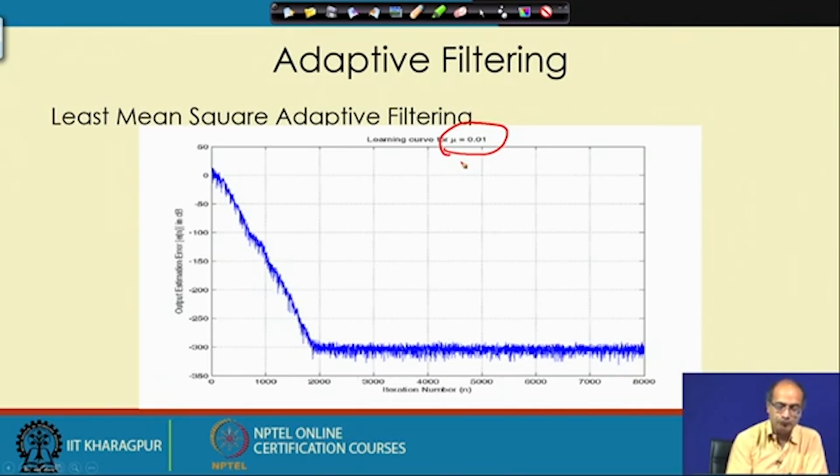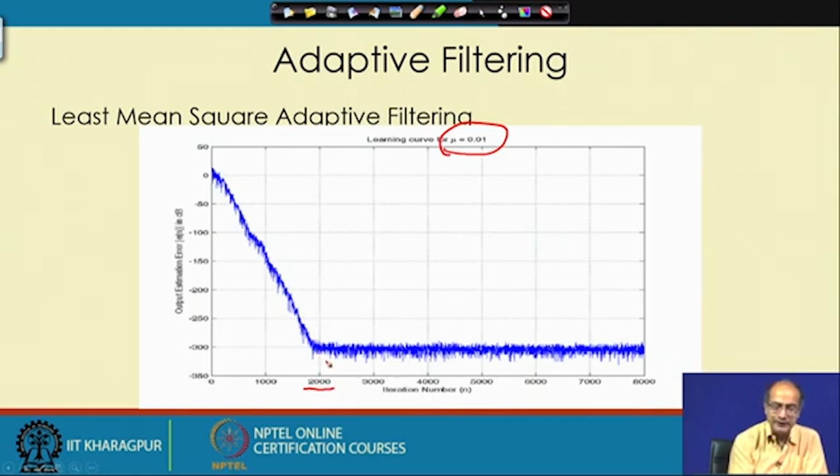For this process, as it is moving, there is noise all the time, the error is fluctuating, but it is converging steadily, and before 2000 iterations it has converged.